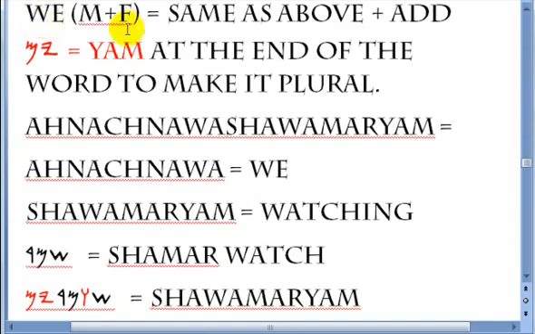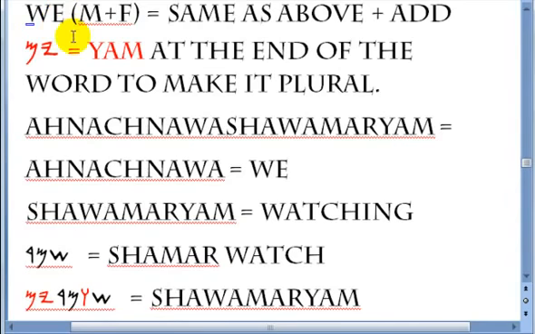The next one is we. I have here male plus female, because we is all. It could be talking about a group of males, a group of females, or a group of male and female. When you're dealing with we, it is usually kept in the masculine form, because it could be a combination of anything.